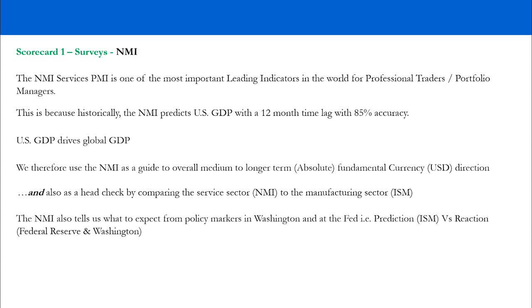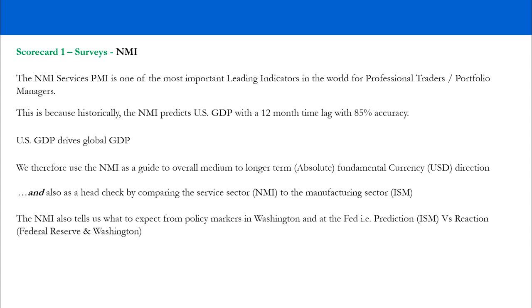This is why we look at it in exactly the same way as the ISM, because US GDP is predicted by it with 85% accuracy, even though the data only goes back to 2008. And US GDP overall drives global GDP growth. So we're using the NMI as an overall guide to a longer term or absolute fundamental currency direction. But we also use it as a head check by comparing the service sector to the manufacturing sector. So we're looking at both of them really in tandem.